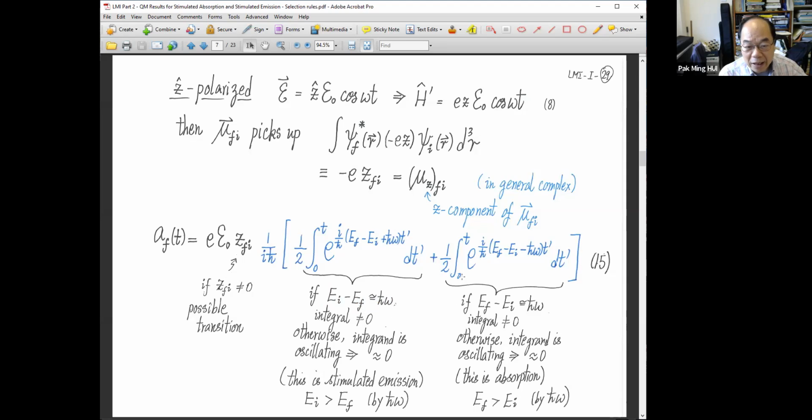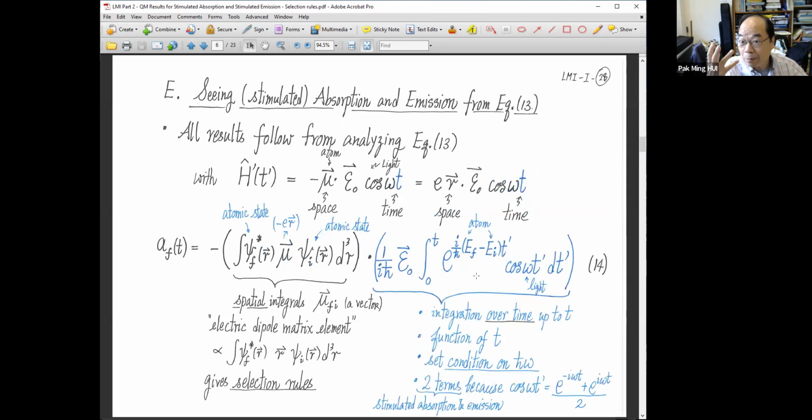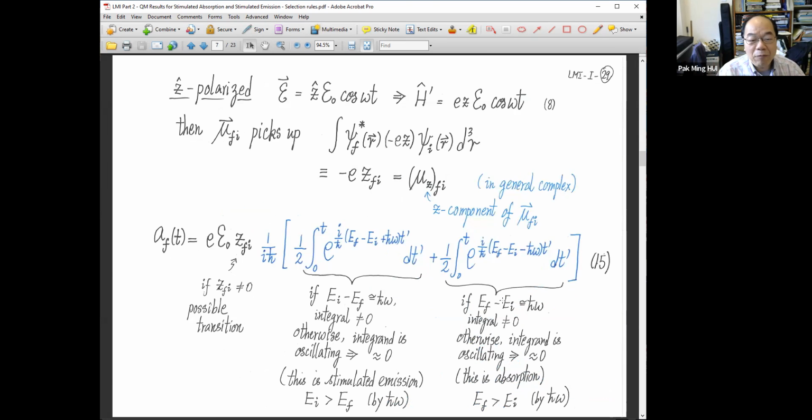So we started to see rather profound physics actually. From this perturbation term, cosine consists of two terms, and then there are two integrals, and we already get a sense, physical sense. The first term has to do with stimulated emission because there is incident light. Stimulating means there's something incident. So it is an emission condition.